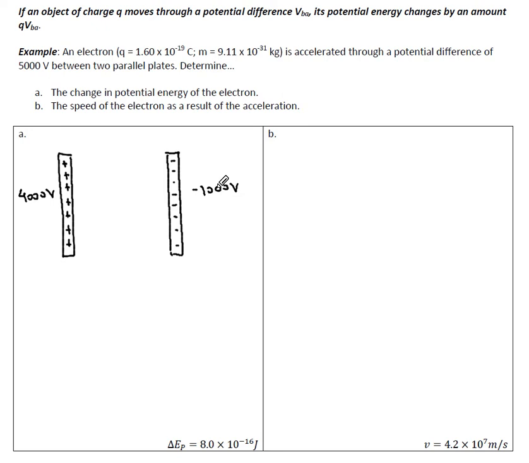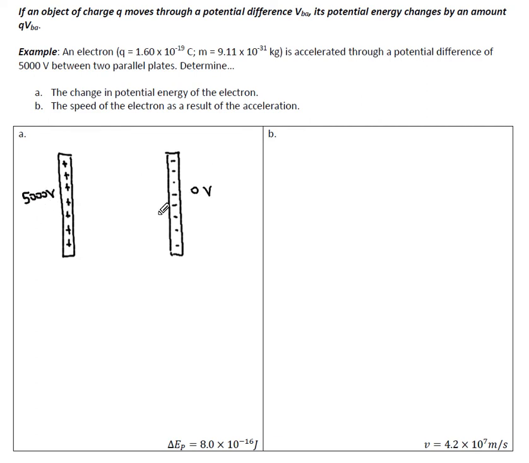Again, it doesn't matter what those numbers are in themselves. It's the difference. The difference is still 5,000 volts. Let me write that in again.